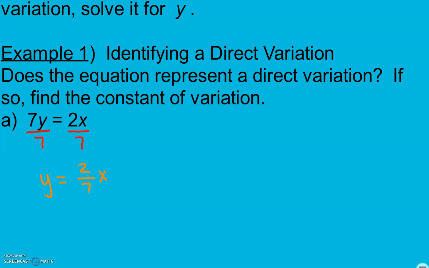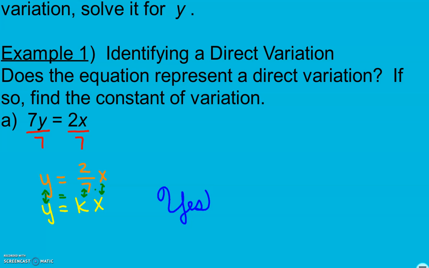So is this direct variation? Well, we compare it to y equals k times x. Here we see it's in the same format. We have y's equal something times x. So yes, it does represent direct variation.